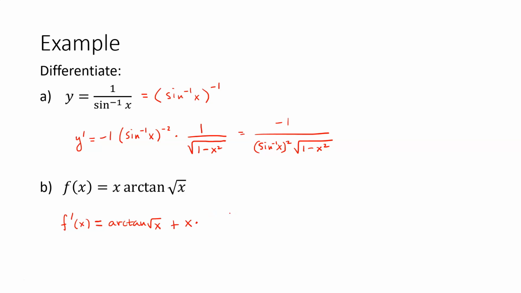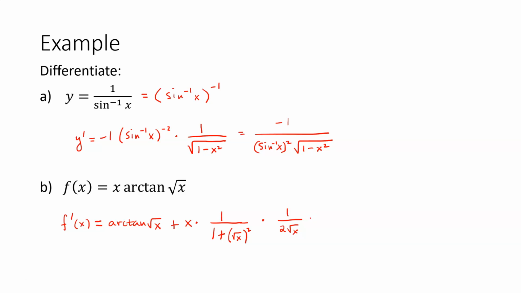So if you remember, the derivative of tan inverse was 1 over 1 plus x squared. But in this case, we got the square root of x inside there. So there we're replacing x with the square root of x, and then with that we're going to multiply by the derivative of the square root of x. So there we're applying the chain rule. Okay, so we've done the product rule and also the chain rule there with that last part.